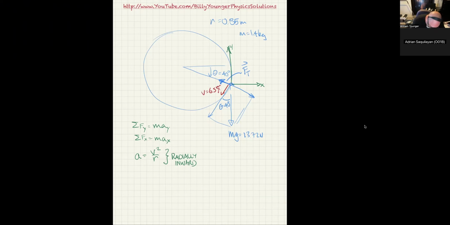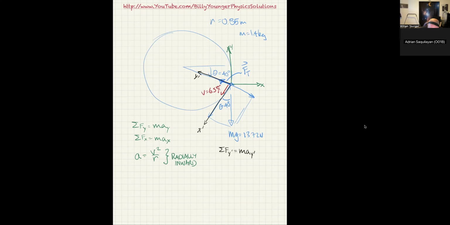So we might use a coordinate system like this. Maybe we could say this is our y prime coordinate, and this one would be your x prime. And then we could say the summation of forces in the y prime direction equals mass times acceleration in the y prime direction.